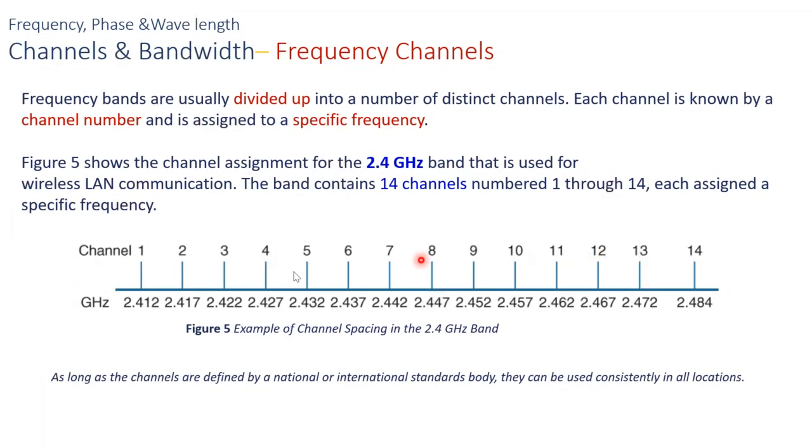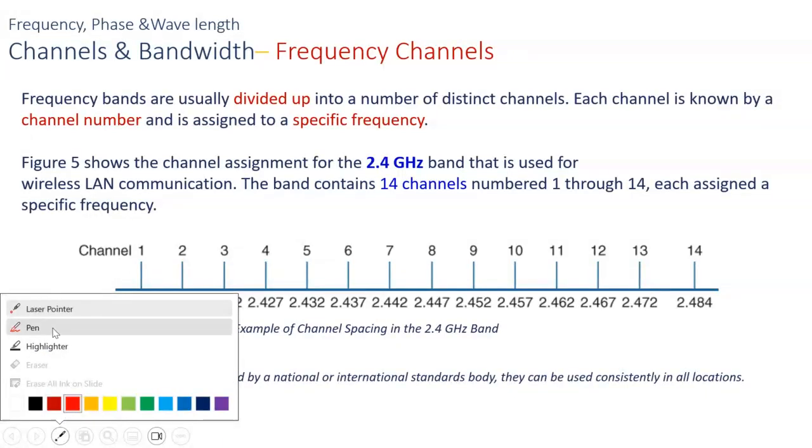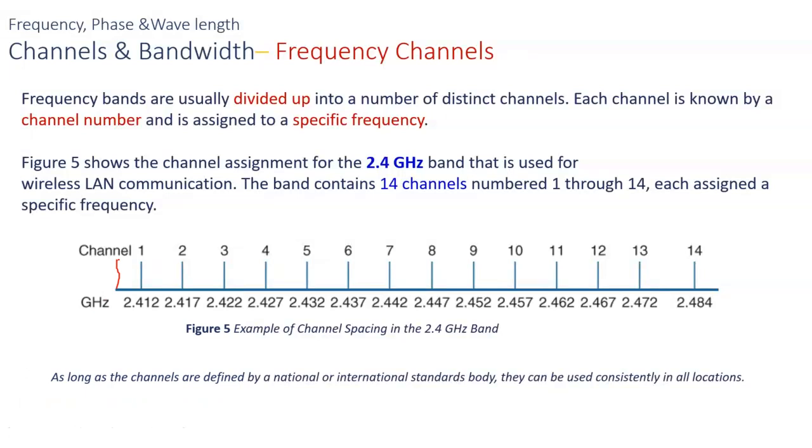The width of each channel is 22 megahertz. So the width of channel 1, channel 2, channel 3, channel 4, channel 5, up to 14 is 22 megahertz: 11 megahertz from the left and 11 megahertz from the right. Let me draw it by pen.